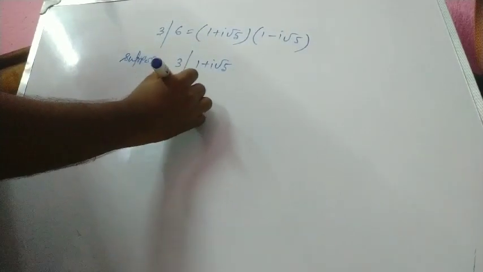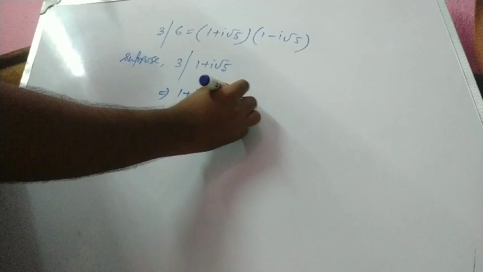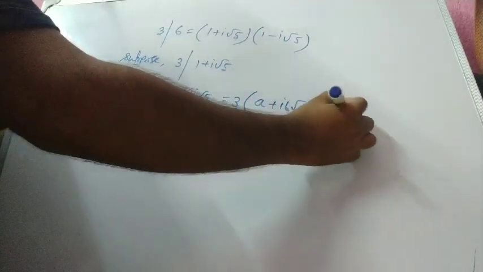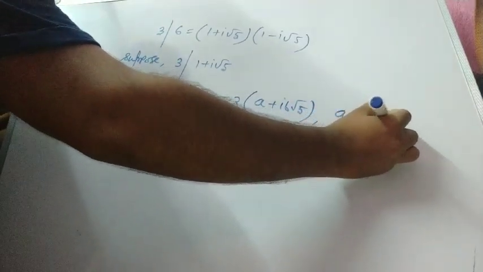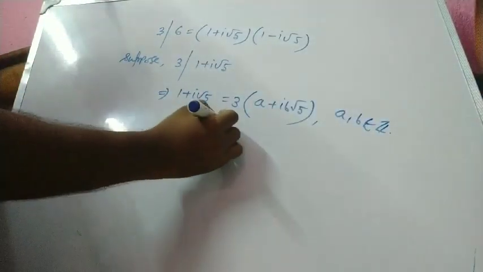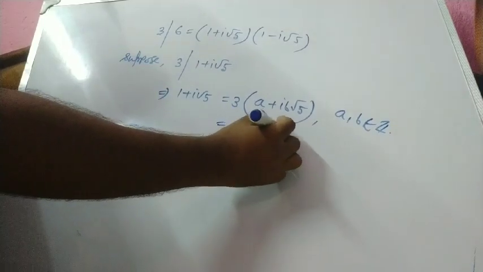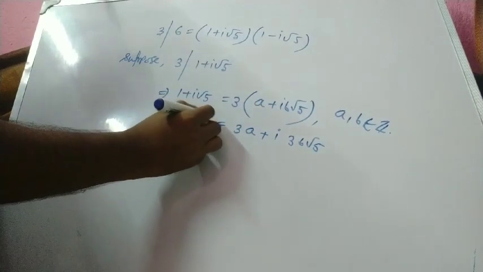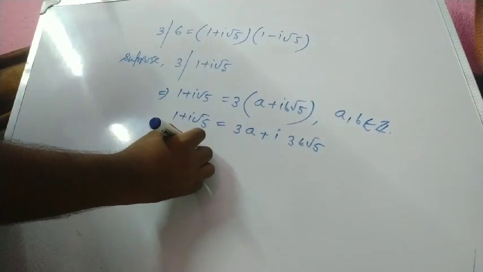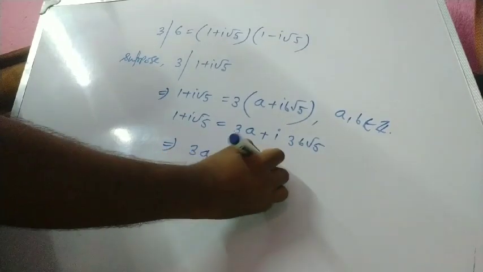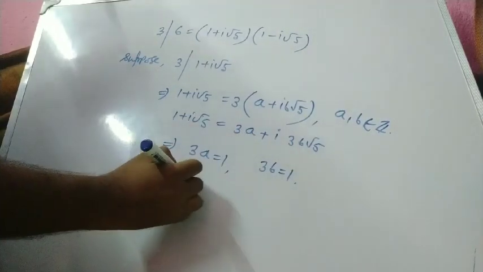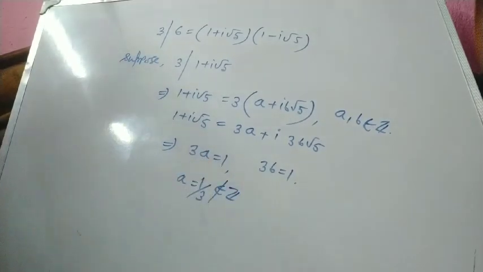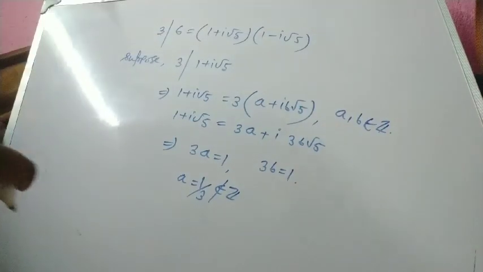This implies 1 plus i√5 equals 3 times (a plus ib√5), where a, b belong to Z. This implies 3a plus i3b√5 equals 1 plus i√5. From this it is clear that 3a equals 1 and 3b equals 1. This implies a equals 1/3, which does not belong to Z, because a, b both belong to Z.